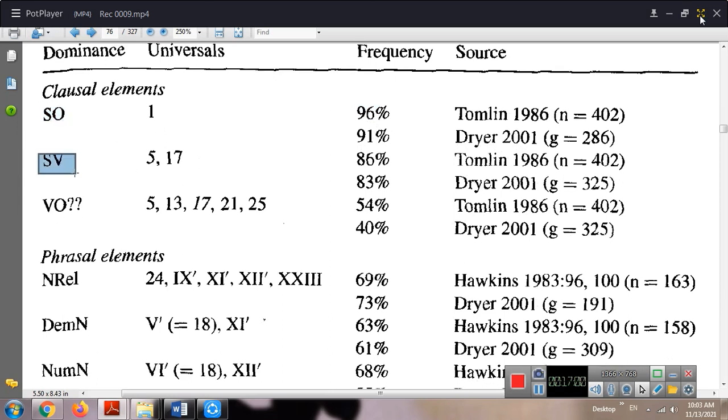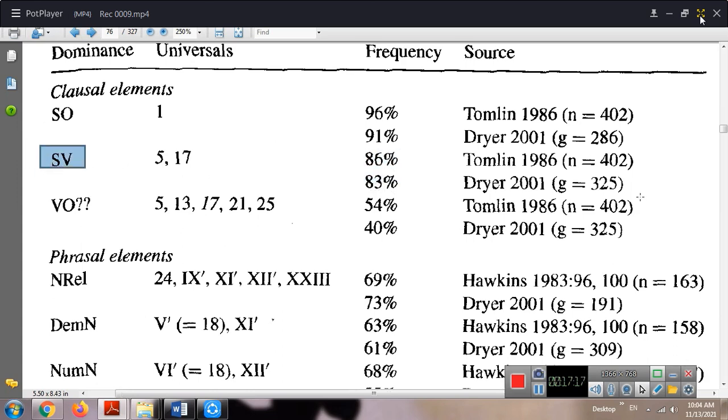And the languages with subject verb, universals 5 and 17 based on Tomlin, 86, and based on Dryer 83 languages were in this way. Dear student, here N shows the number of that language, and G shows the genre of that language.